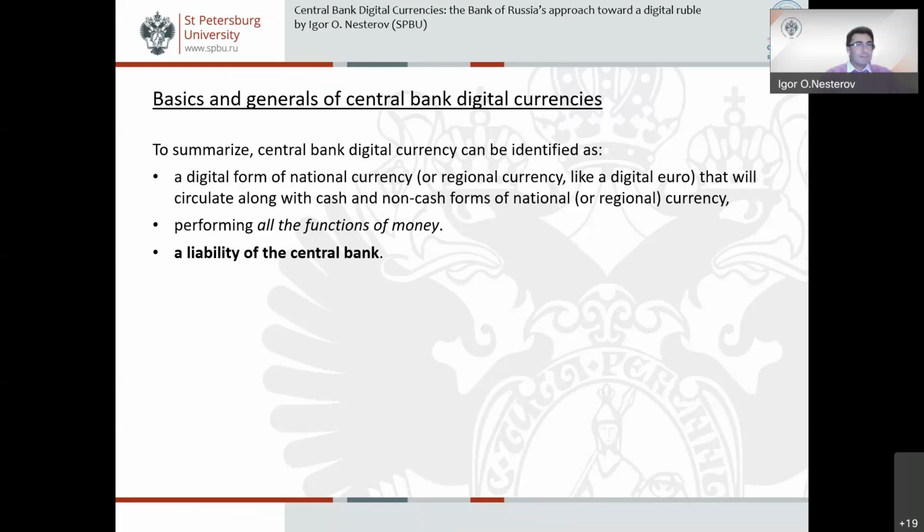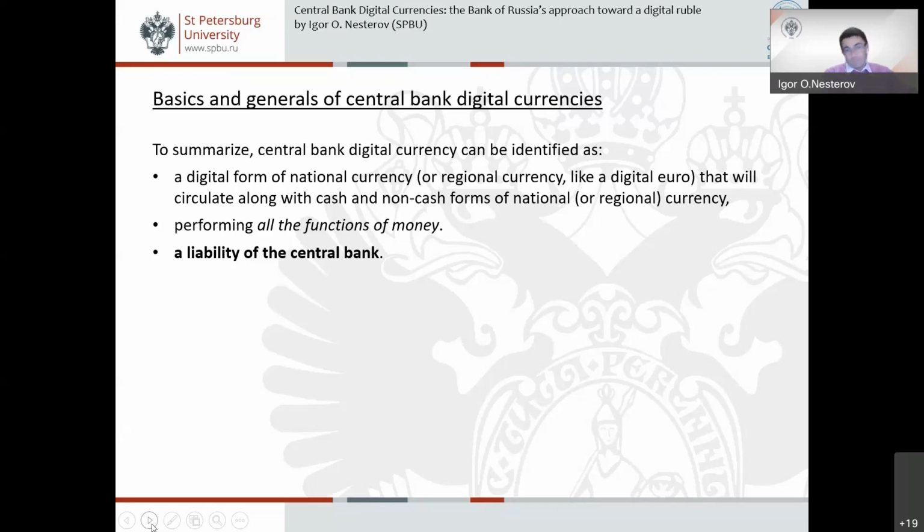So let me maybe move to the question that is quite frequently asked by the audience. That is the question about the differences, or the distinction, between central bank digital currency and traditional non-cash electronic money we are using in our daily life.